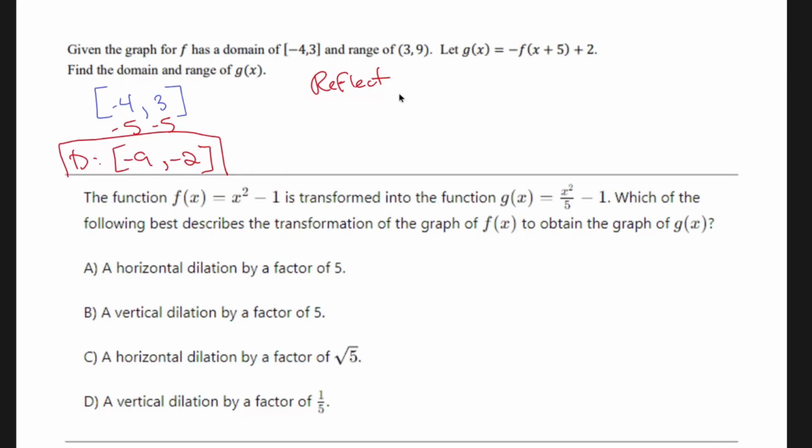Let's just play dumb. When you reflect it, it's going to be negative 3 and negative 9, which becomes negative 9, negative 3.